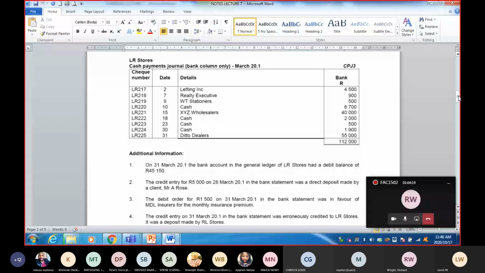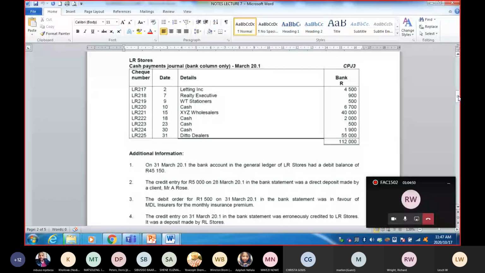That check is not on our bank statement, 500 rand. The next check is a check for 1,900, check number 224. That check is there. But the last check, number 225 for the amount of 55,000 rand, is not on our bank statement.